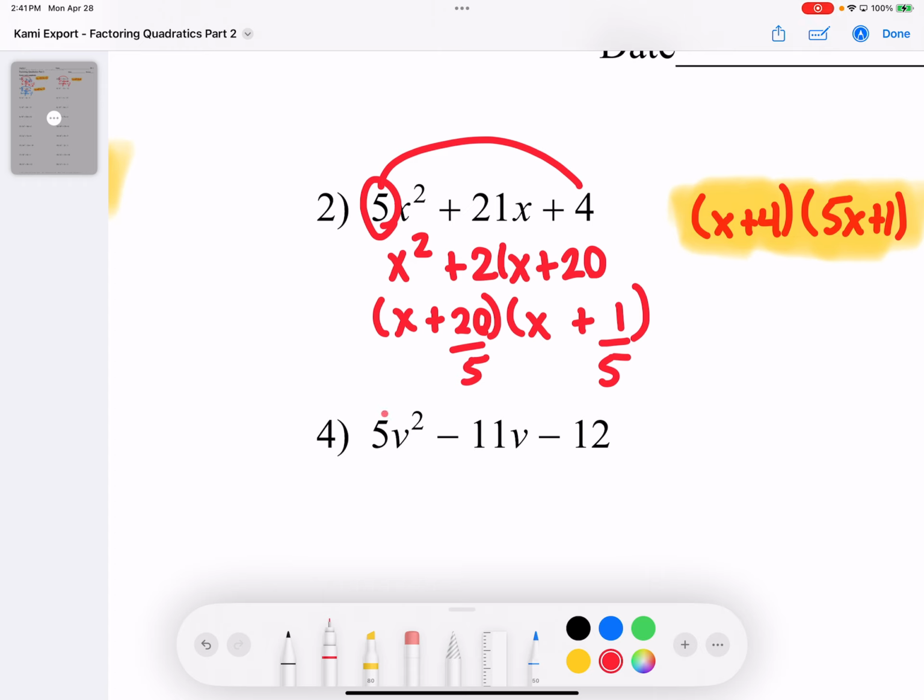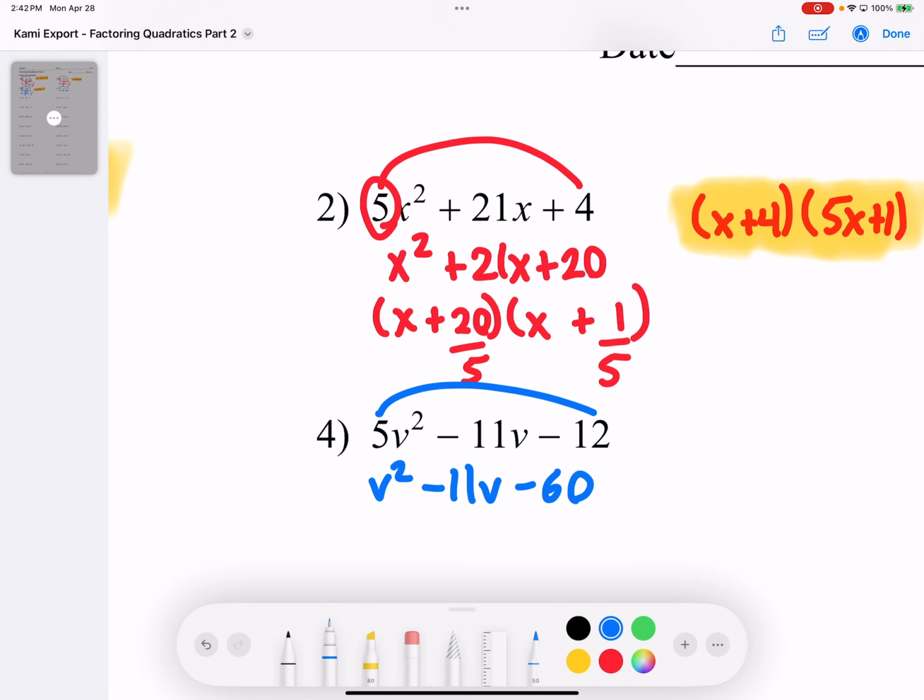Next one. So we're going to do 5 times 12. Let me change colors again so it's not so overwhelming. 5 times 12 is 60. So we're going to get v to the second minus 11v minus 60. We need numbers that multiply to give me 60, that subtract to give me 11.